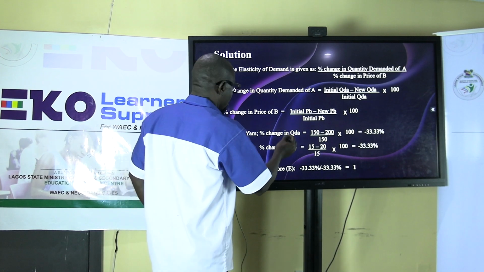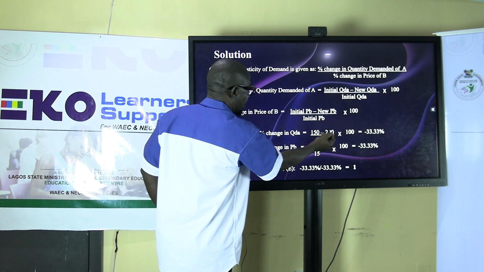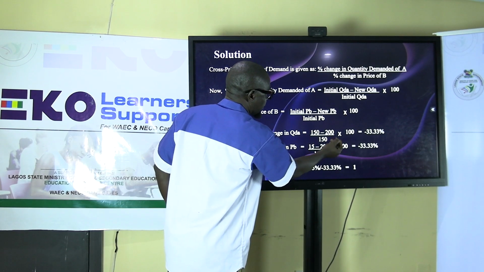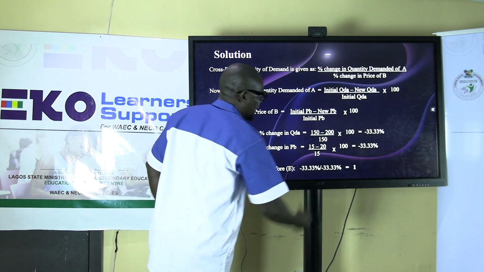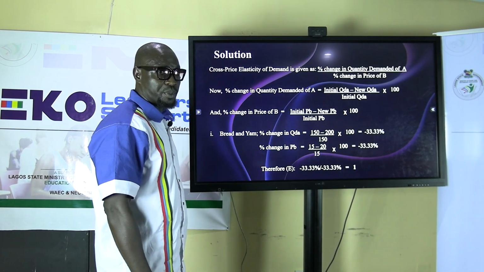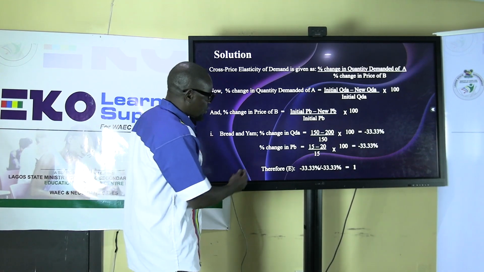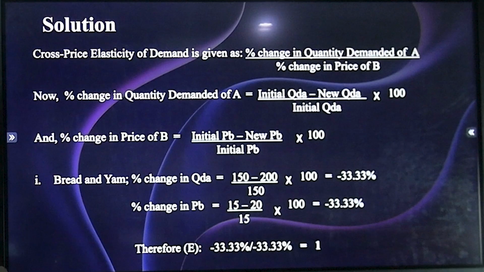So the change in quantity is 150 minus 200 over 150 expressed as a percentage, and that gives us 33.3%. The change in price, from 15 to 20, also gives us 33.3%. Therefore, the cross price elasticity of demand for bread and yam is 33% over 33%, which gives us 1.